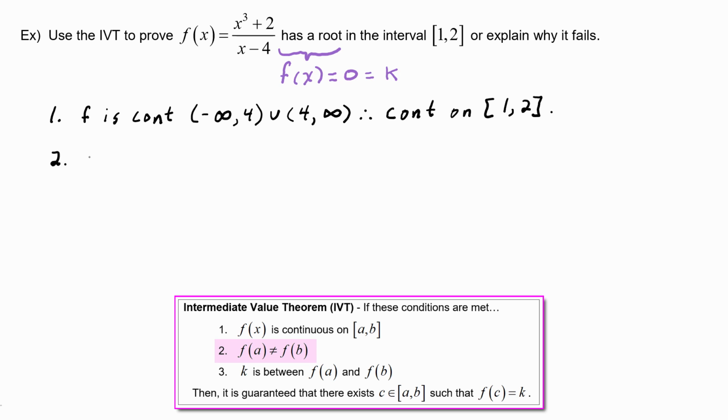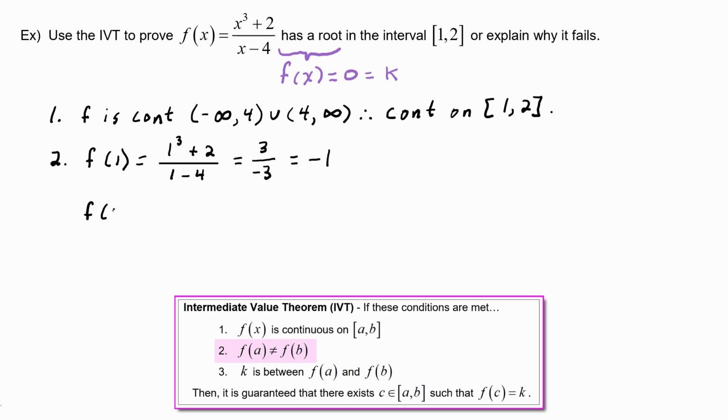So in step 2, we do f of 1, which is going to equal 1 cubed plus 2 over 1 minus 4. Well, this works out to be 3 over negative 3, so that equals negative 1.